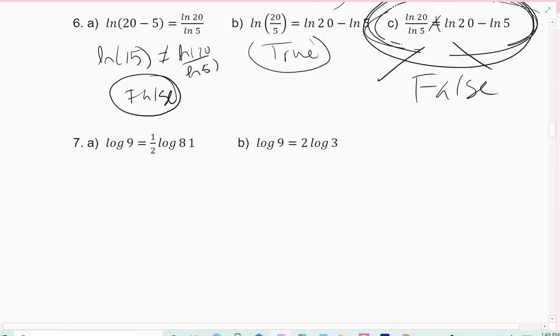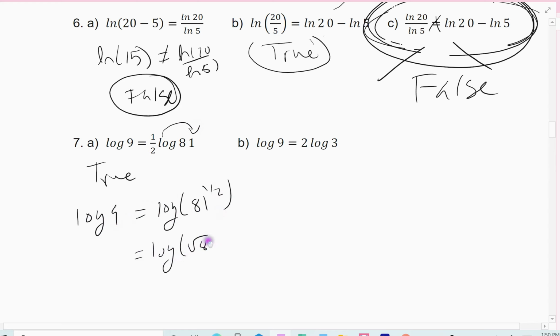Alright, the last one. The log base 10 of 9 is the same as 1/2 log base 81. That's actually true, because I can rewrite this, right? This rewrites as 81 raised to the 1/2 power, which is the square root of 81, which is 9.